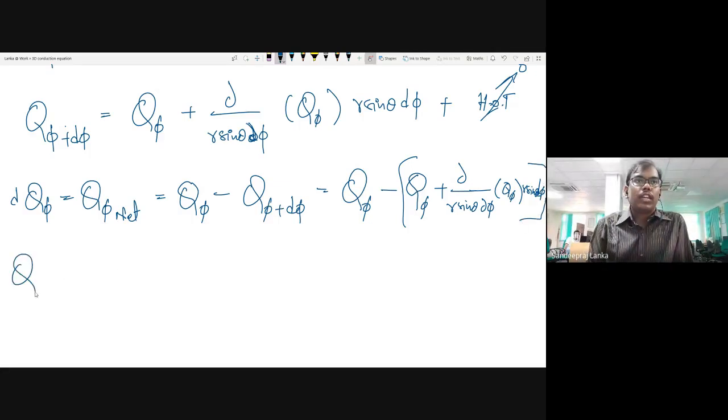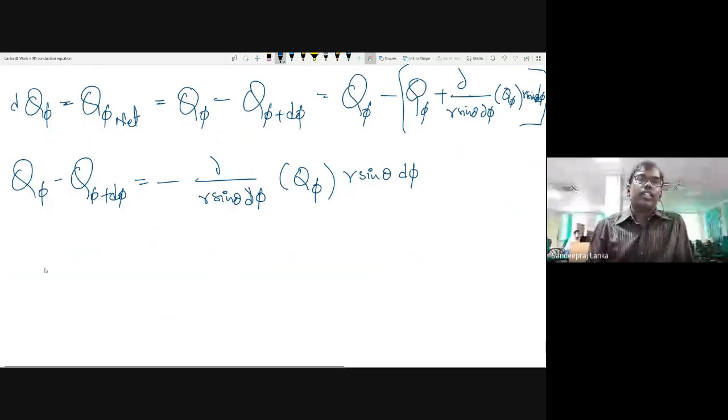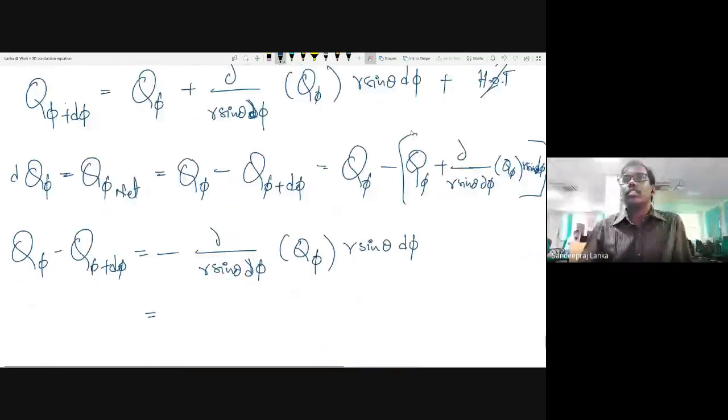So this is q phi minus q phi plus d phi, with these two getting cancelled. What I have is minus of dou by r sine theta into dou phi of q phi into r sine theta into d phi. It is not dou, it is d. Now in this q phi, I have to substitute the value minus k into this whole thing.